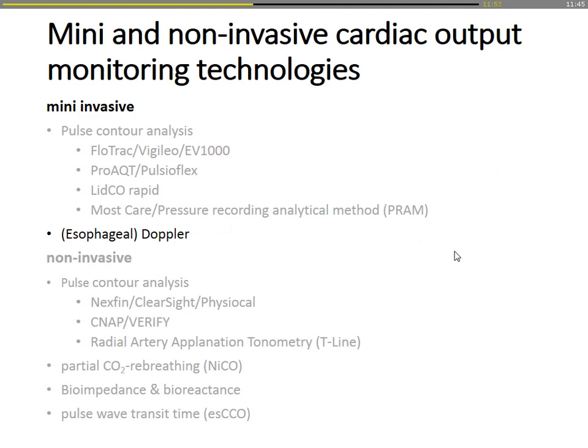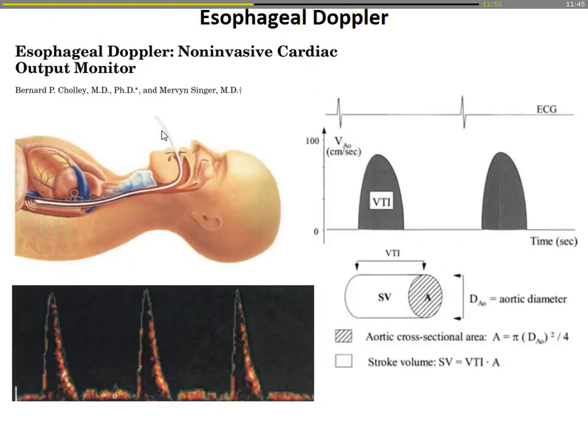With that, I come to the next method, the Doppler method, quite popular in the UK. It's working like a transesophageal echo that you might be aware of. You put a probe into the esophagus, but now you don't look at the heart. You look at the other side, at the descending aorta, and you get flow signals like this one.